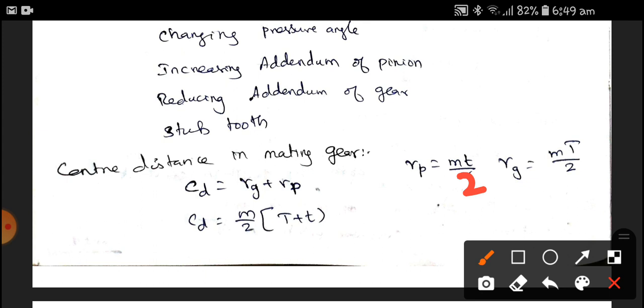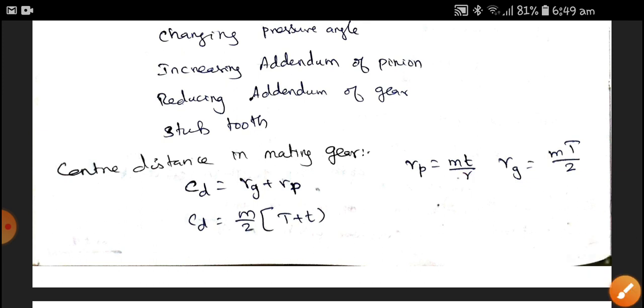The radius of the gear is module into number of teeth divided by 2. If we add both, we get module by 2 into capital T plus small t. Capital T indicates the number of teeth in the gear, and small t indicates the number of teeth in the pinion.